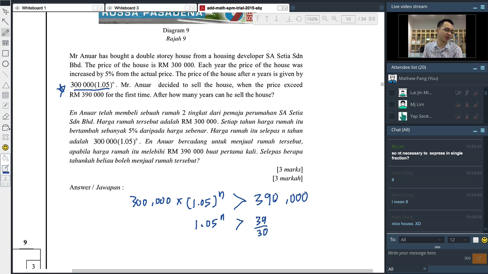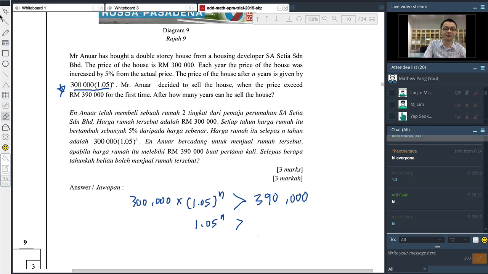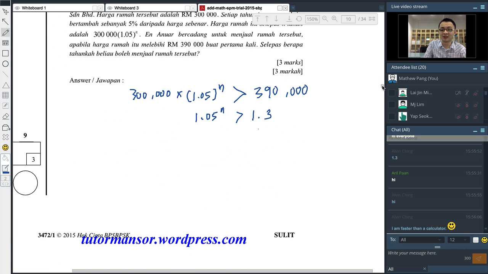Just move this one to the other side, and never mind, I use calculator. 39 divided by 30, you get 1.3. So over here you will get 1.3. You move the 300,000 to the other side, you get 1.3. Then you log both sides, that's all.